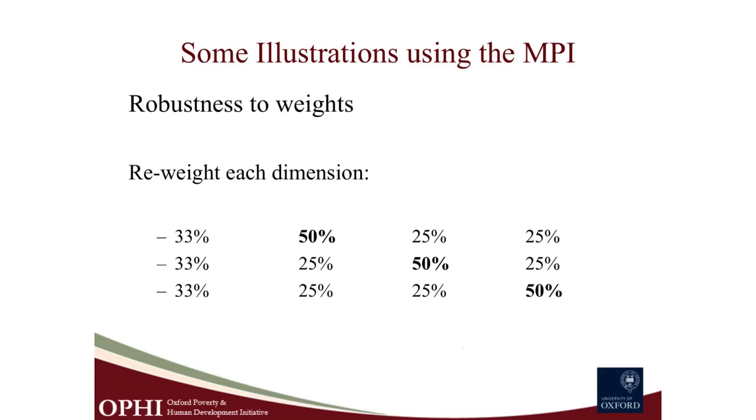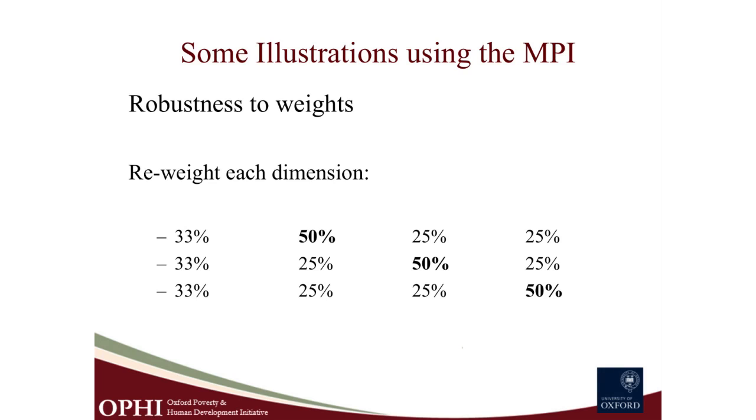Now this is some illustrations using the MPI, the robustness to weights. This is taken from Sabina and Mariama's paper. What they did for MPI, they said, suppose we have three different weight specifications.